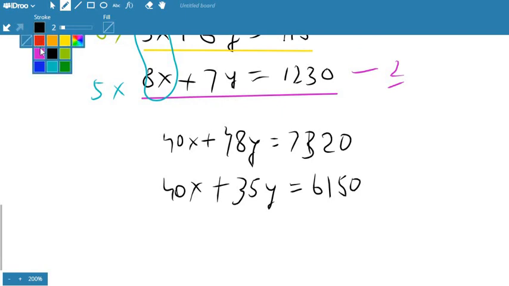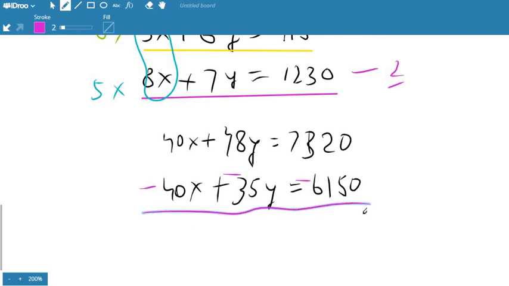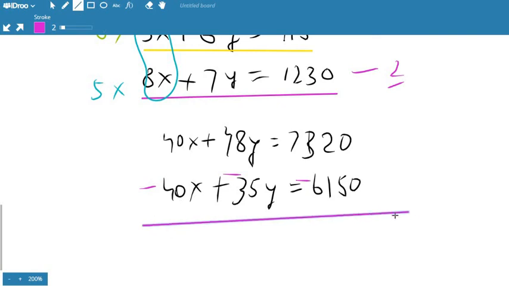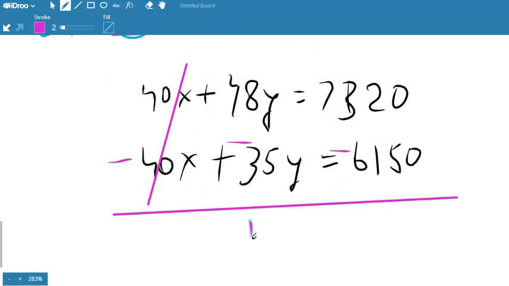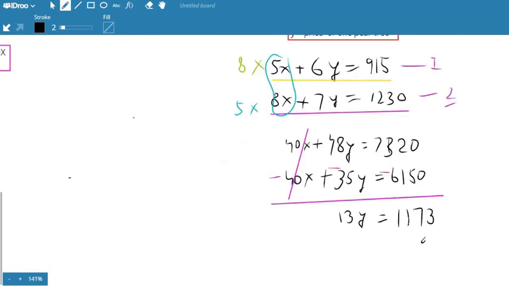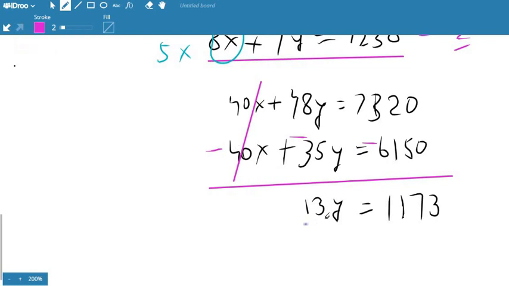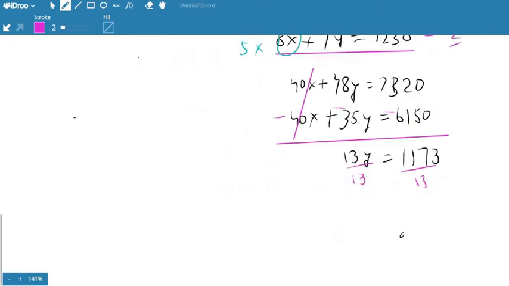Now I'm going to subtract this second equation from the first one. And I will get rid of this 40x and 40x, and I will just have 13y equals 1170. Now you can divide both sides by 13, and you will get your answer.